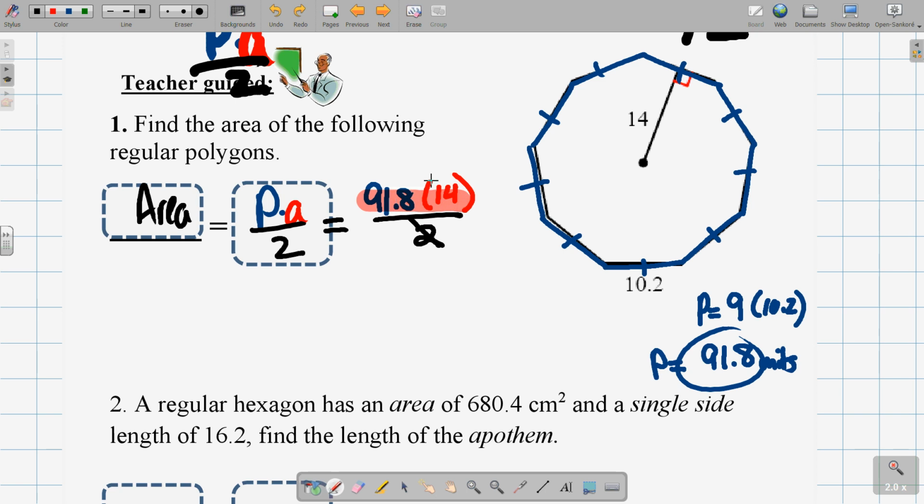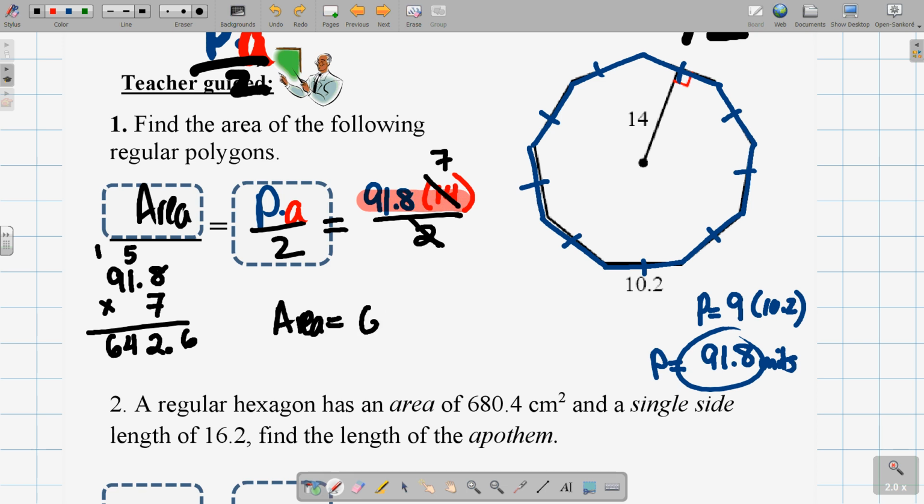Let's take that 2 into the 14, that's a 7. Now I'm down to a single digit, so it is easier to multiply. So we just found our area is going to be 642.6, check for units, units squared.